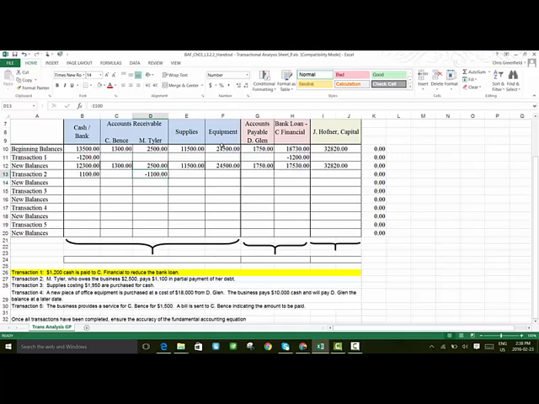Now, the other way to look at this is a process of elimination, which isn't the best way. It's important to understand. But if you're sure of two things, then this has to be a minus 1,100. Those two things are, if you are absolutely sure that this is an increase to cash, and you're absolutely sure that the other part of the transaction has to go here in these boxes, specifically this one, then it has to be a minus.